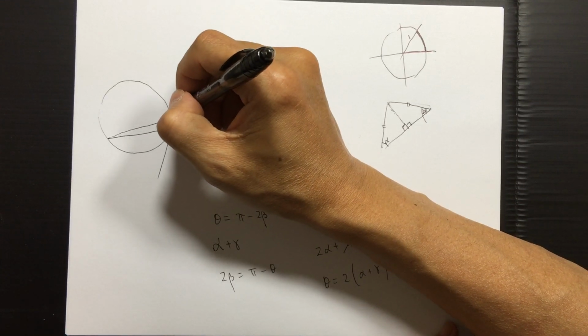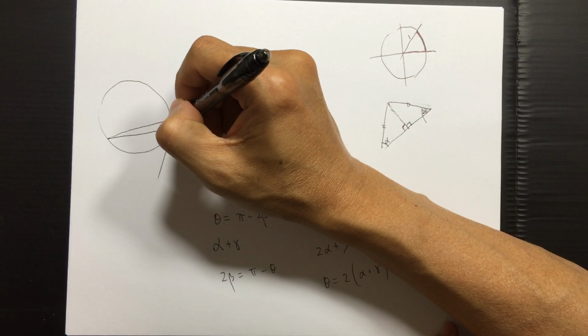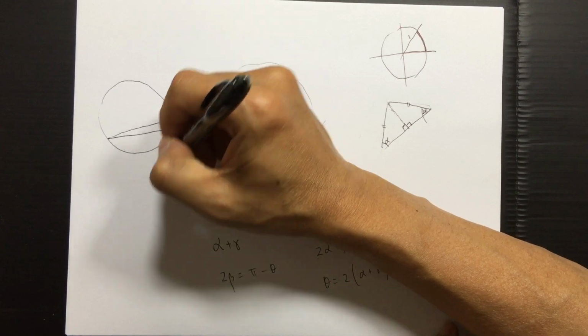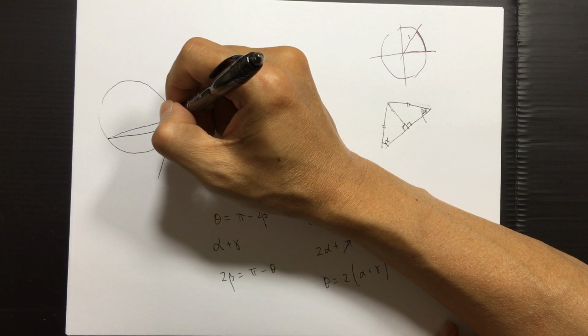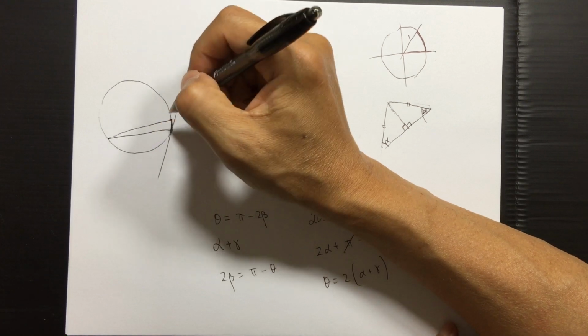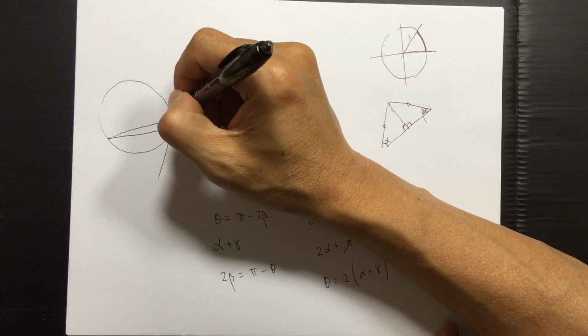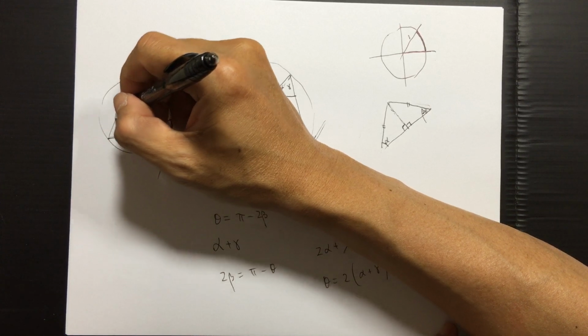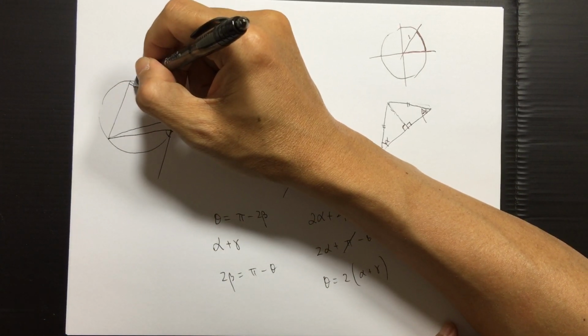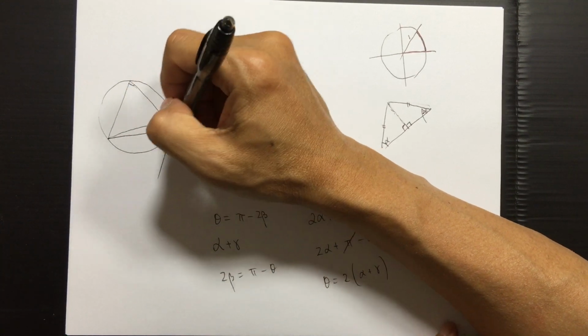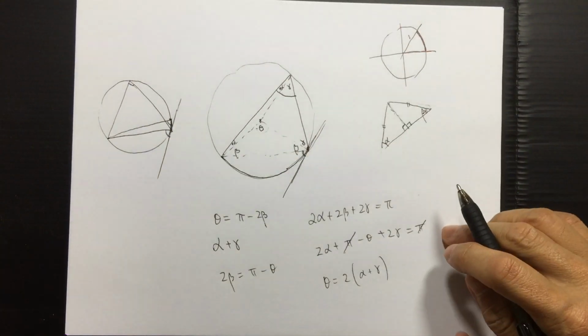When this point goes so close to this point, this line becomes this line, and this line becomes this line. So this angle equals this angle, and then it equals any angle that rides on this arc. Does that make sense?